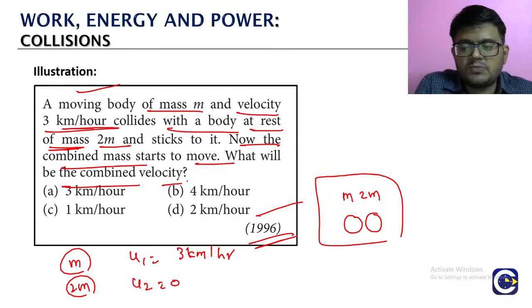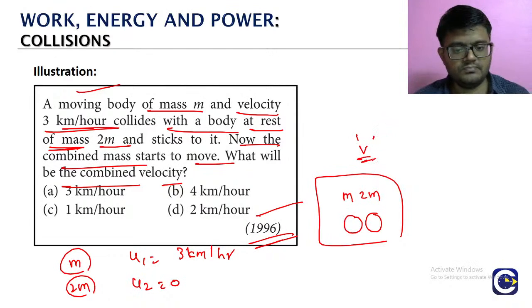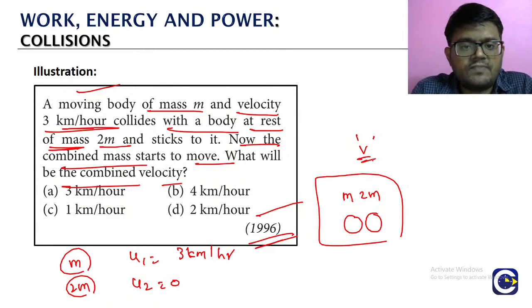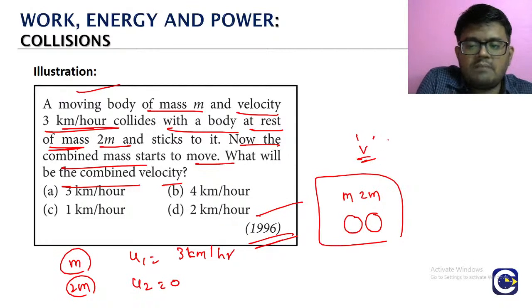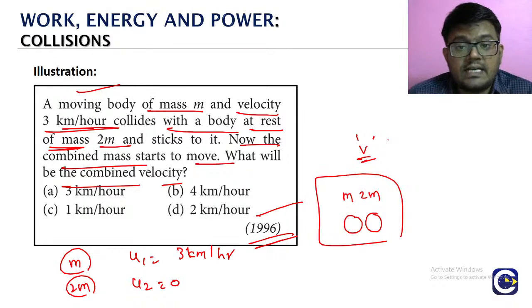Combined mass means both of them will have the same final velocity. Normally we say the m will have a velocity after collision which is v1, and 2m will have a velocity after the collision which is v2. But here they both are sticking and moving together, so the combined velocity is v. That is what they are asking, the combined velocity value.